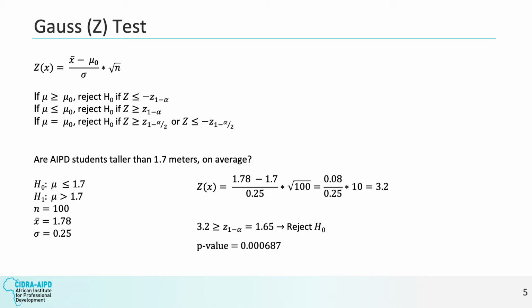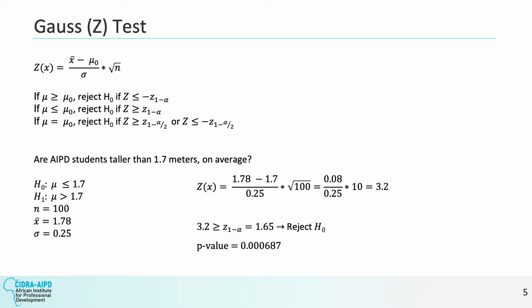Our alternative hypothesis is that AIPD students are taller than 1.7 meters on average. We take a sample of 100 students and we calculate a sample mean of 1.78 meters with a variance of 0.25 meters, which is 25 centimeters.